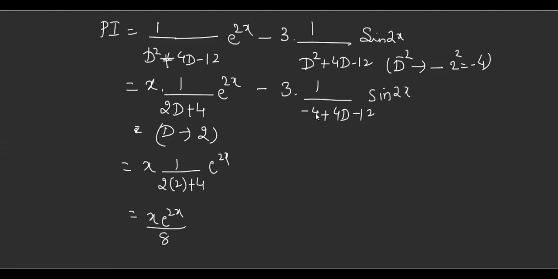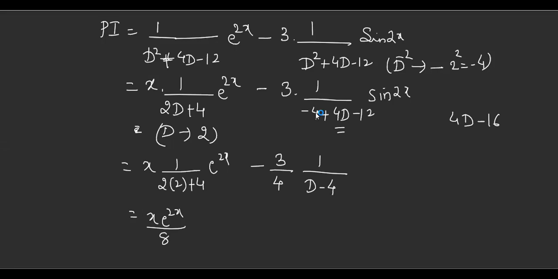Okay. Now I'll do one simplification. Just listen here carefully. See, this is 4D, no problem. What is minus 4 minus 12? Minus 16. Now in these two terms, can we take anything common? 4. So I'll write that step directly. I'll take 4 common and write the remaining terms. What remains if you take 4 common? D minus 4.